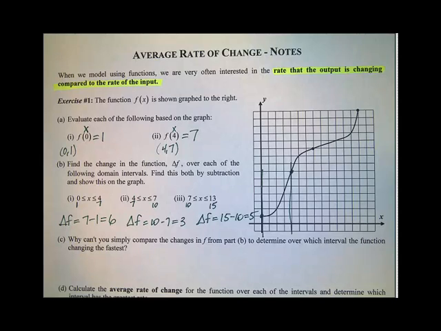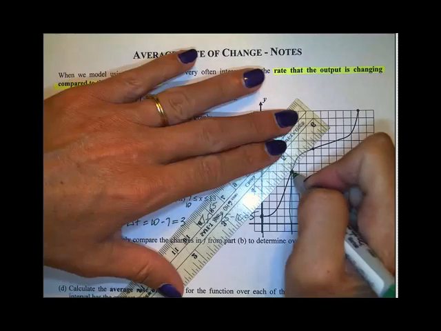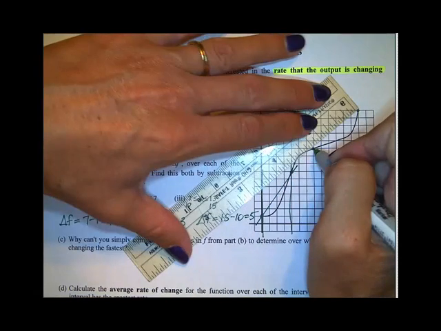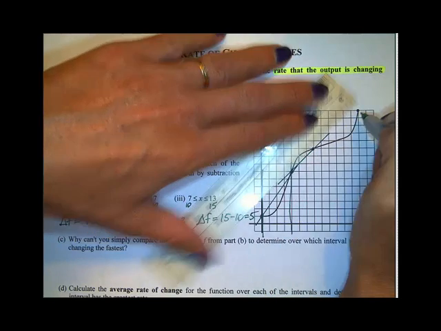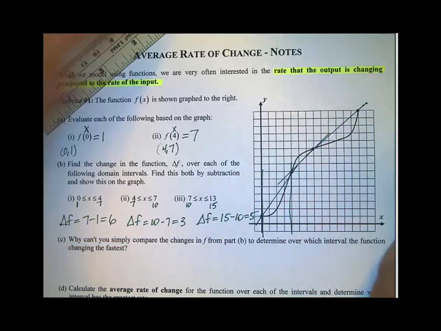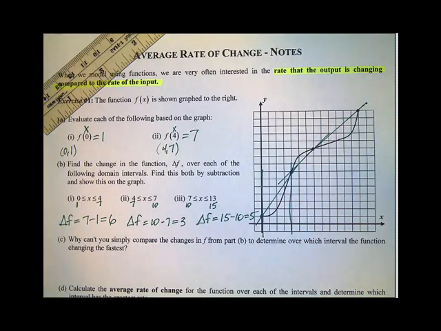Part C: why can't you simply compare the changes in f from part B to determine over which interval the function changes the fastest? If we used our ruler and connected the dots, we just can't tell which one changes the fastest just by looking at these numbers.